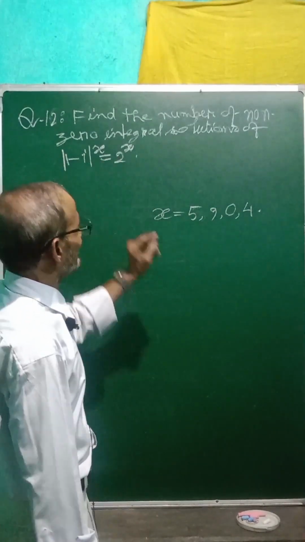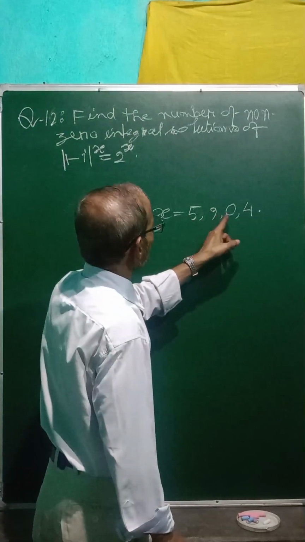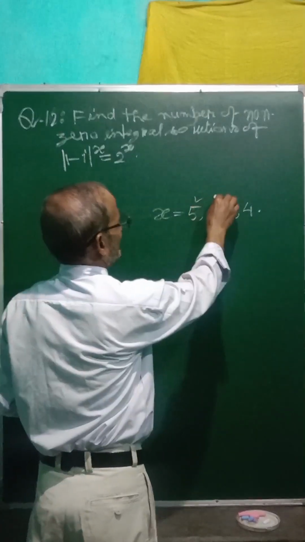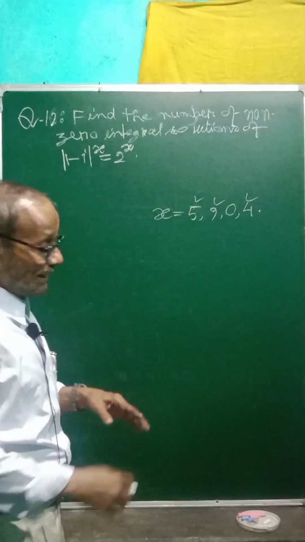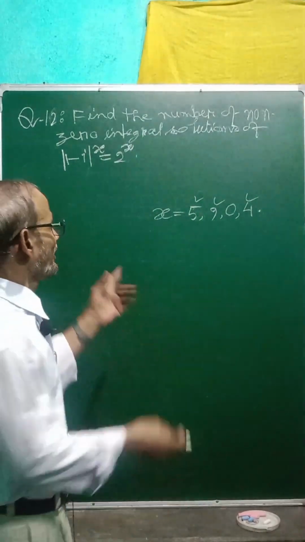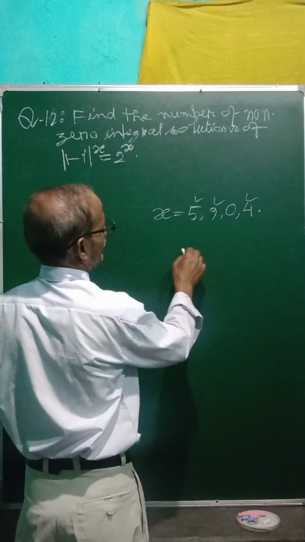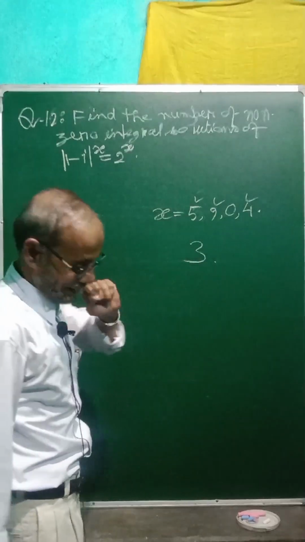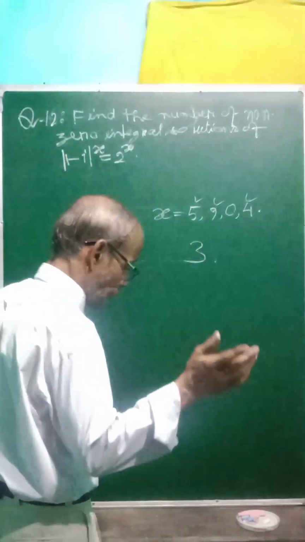Then the question says that the solution values should be non-zero. So the non-zero ones are allowed, and the number of solutions will be 3. So let us start the problem solution.